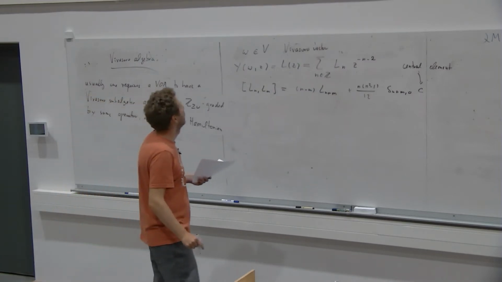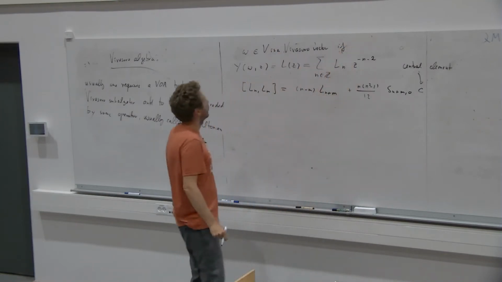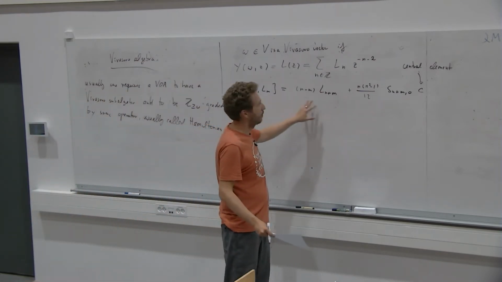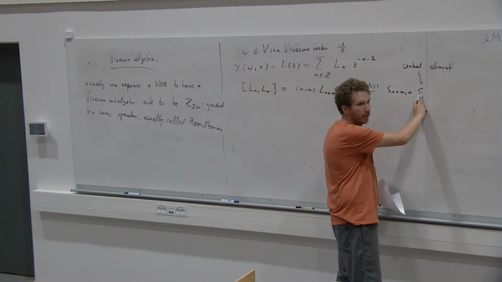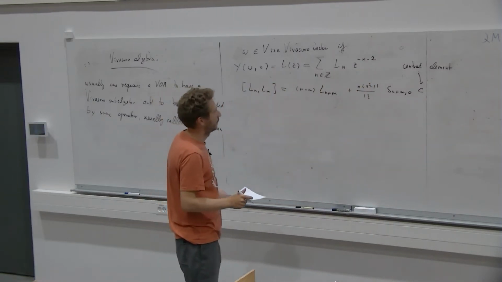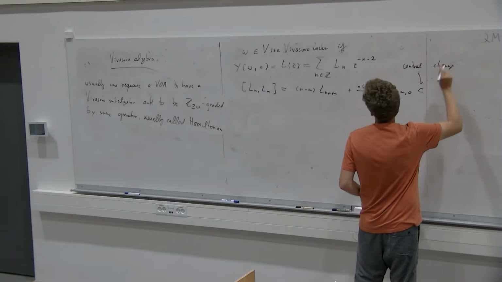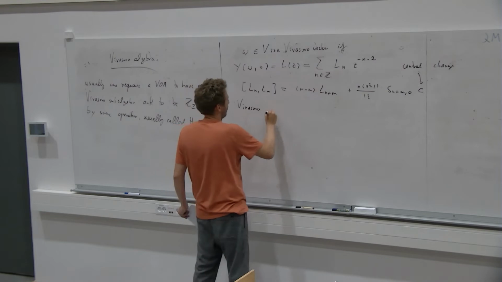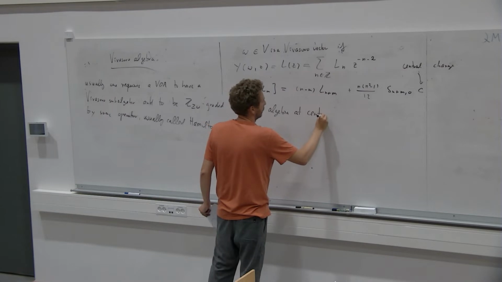Now, omega is a Virasoro vector if the corresponding fields, the modes, obey these commutation relations for some complex number c. So that's then the number with which the central element acts. And then if it acts, we call it central charge. And this is then here called the Virasoro algebra at central charge c.